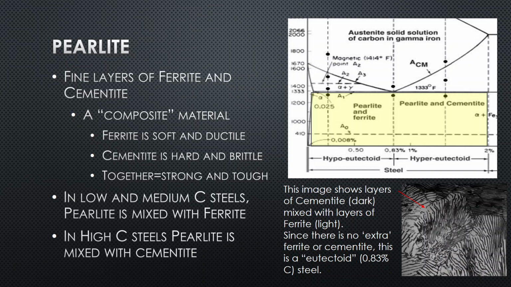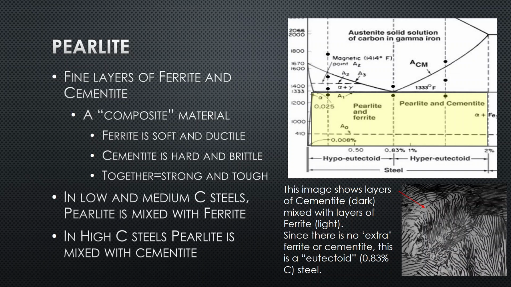They've been etched away, leaving the ferrite behind. So in a lot of our steels, as you get more and more carbon into it, you're going to see more and more layers of cementite or a denser packed perlite layer.